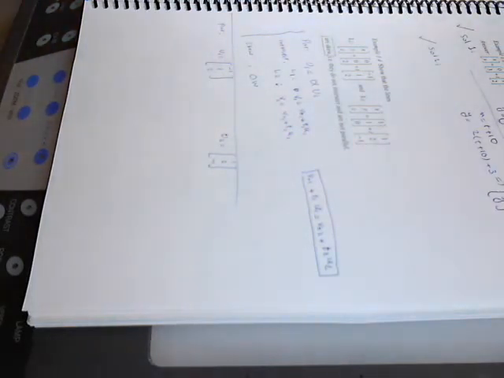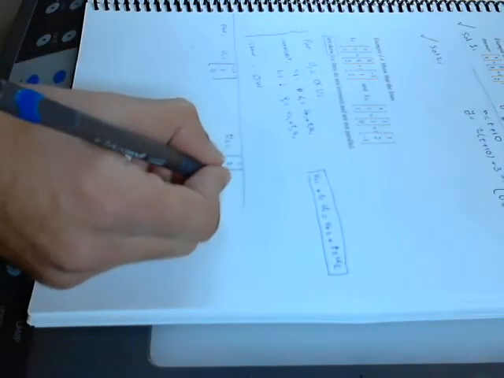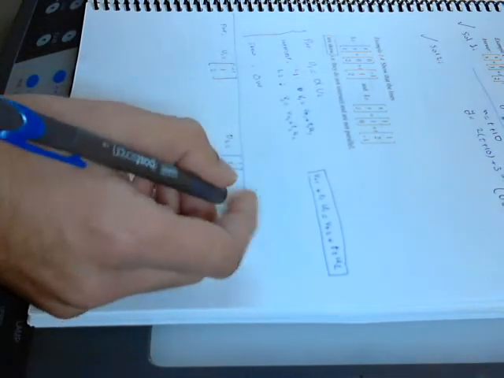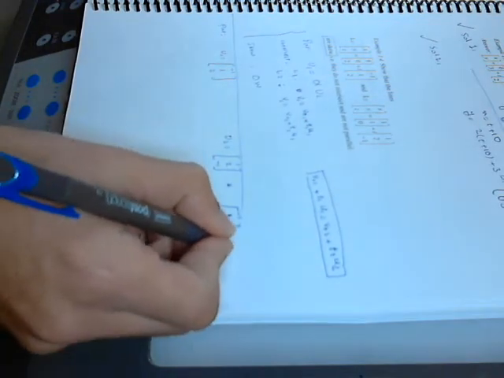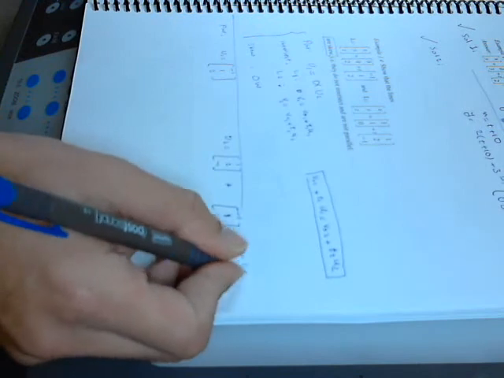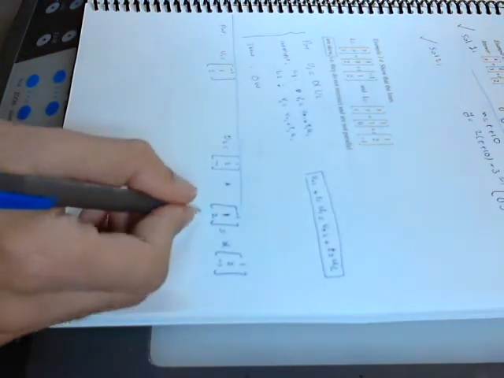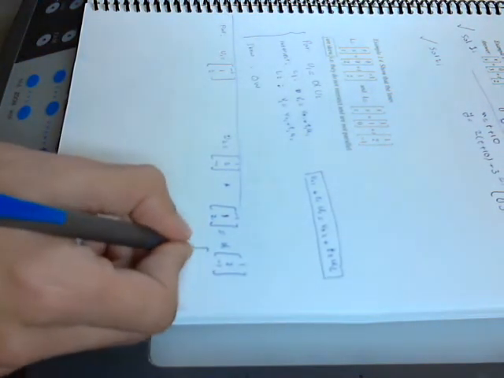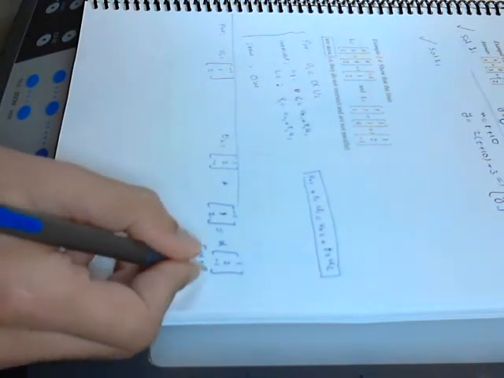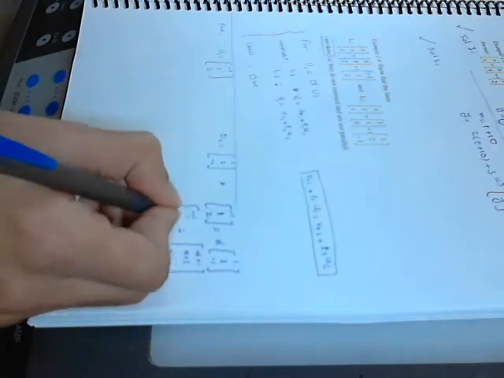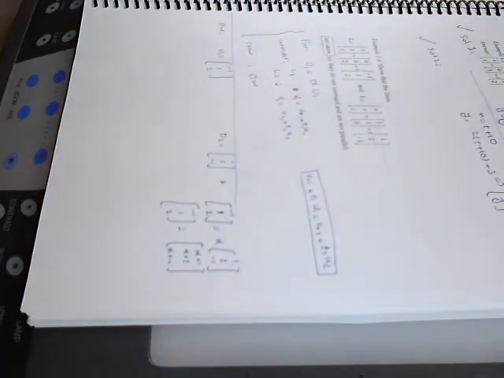These lines are parallel if I can find something like alpha such that -1, 1, and 2 is equal to alpha times 1, 2, and -1. So this one can be written as alpha times 1, alpha times 2, and alpha times -1, and here I have -1, 1, 2. 3 equations and 1 parameter that I need to find its value.